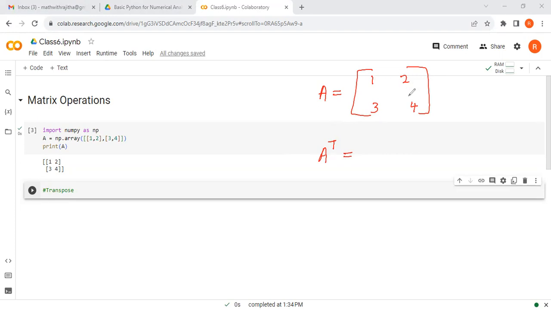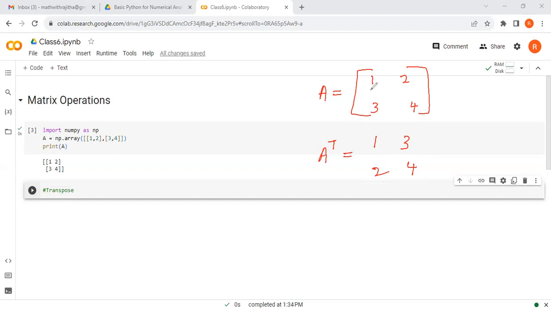The first row, 1, 2, becomes the first column. The second row, 3, 4, becomes the second column.